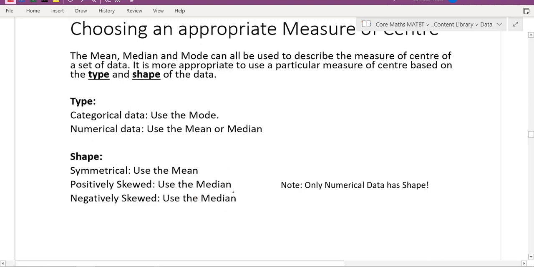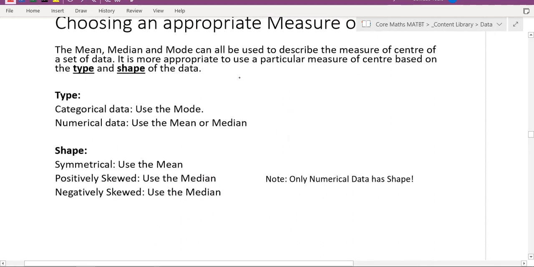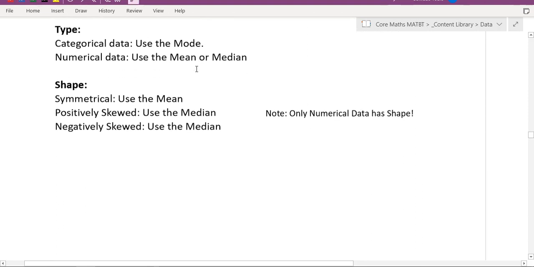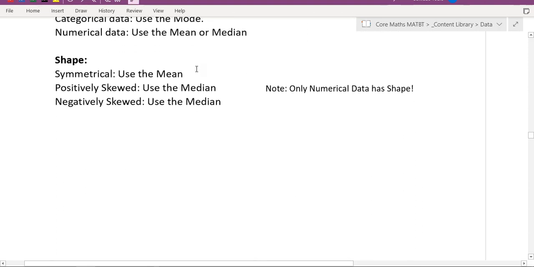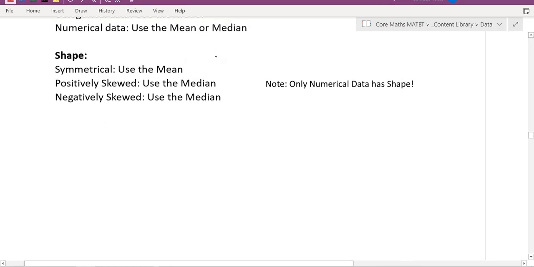The reason why, if you read this, is because you're trying to find the middle, or the most useful way to represent the data. So if your data is symmetrical, so it looks like this shape, then you should use the mean. It's a better one to use.